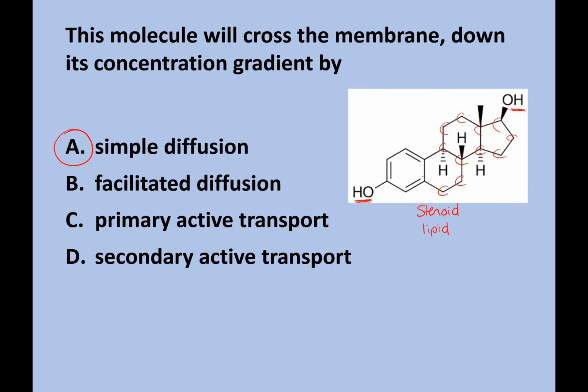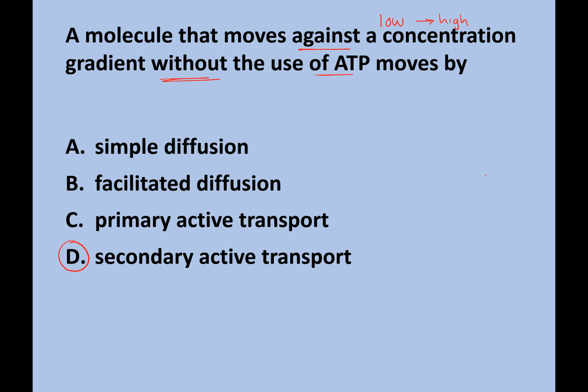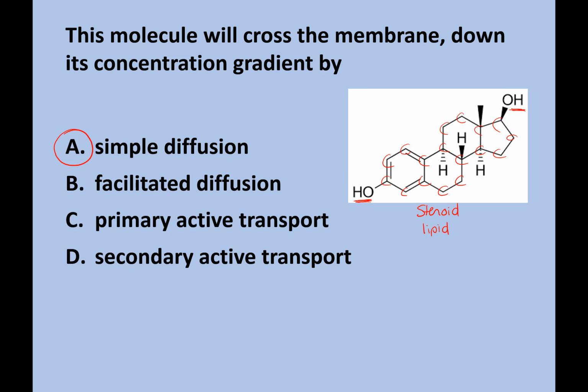So much more than you saw in that glucose molecule. If you flip back, right? This has 1 ring of carbons and hydrogens. This has 4 rings. So even though there's a little bit, there's so much carbon and hydrogen. This is a hydrophobic molecule. It can go right through the membrane by simple diffusion.